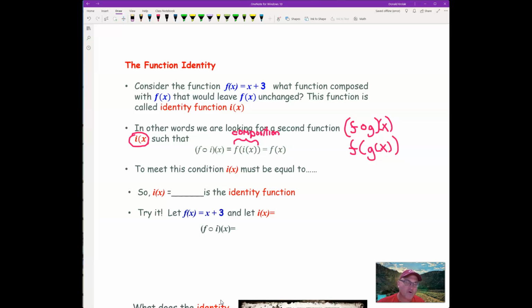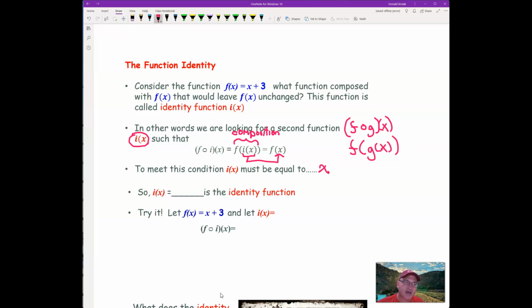In order for that to happen, all you got to do is ask yourself, what would this have to equal so that when I put it in there, it's an x? Well, it would have to equal x.